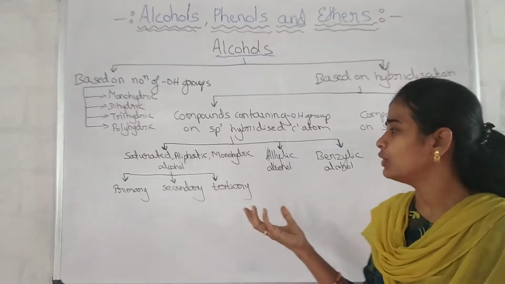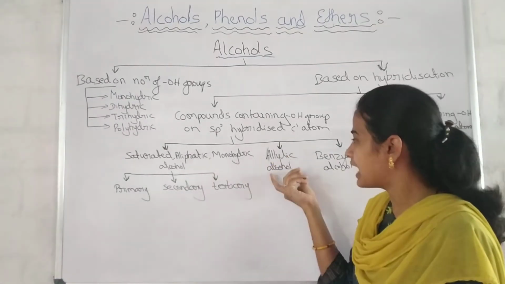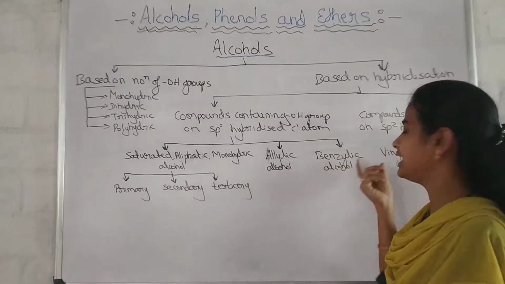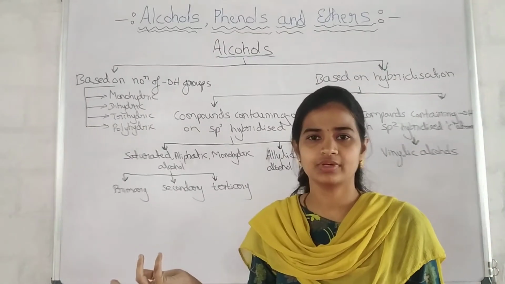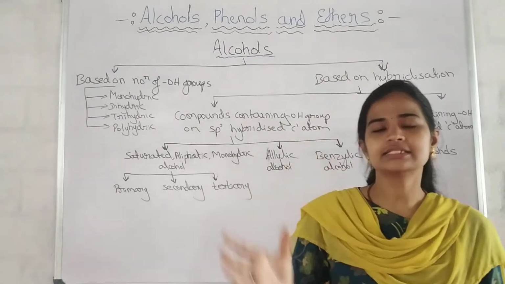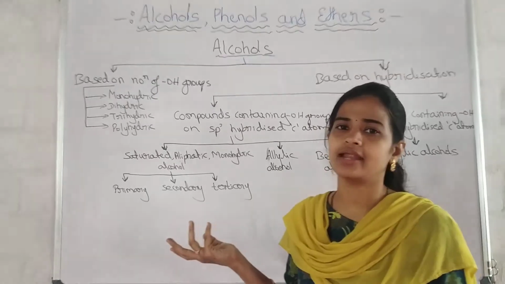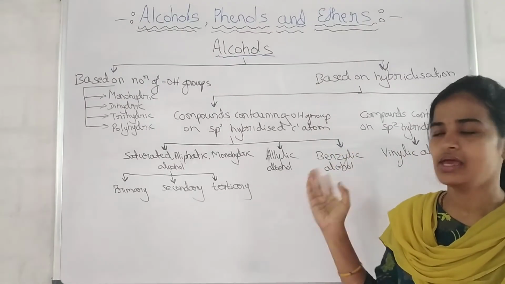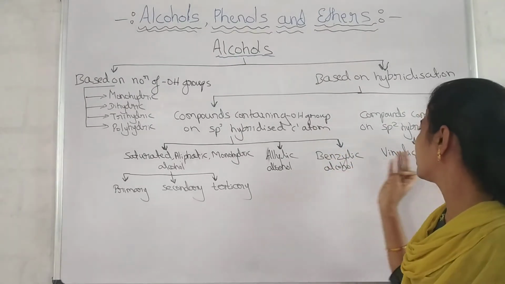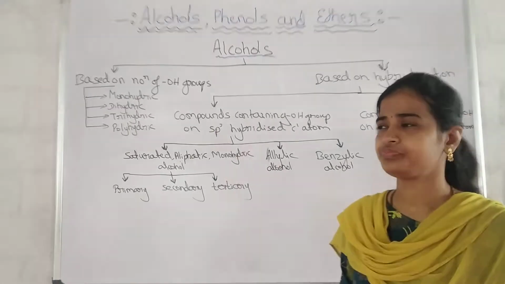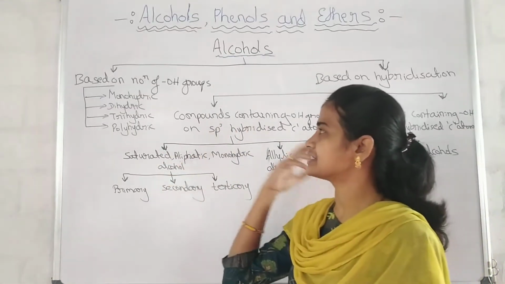The only thing is you should know what is allylic group, what is benzylic group, what is vinylic group, isn't it? If that is clear to you, you can easily understand the classification. The rest of the things you can understand very easily.